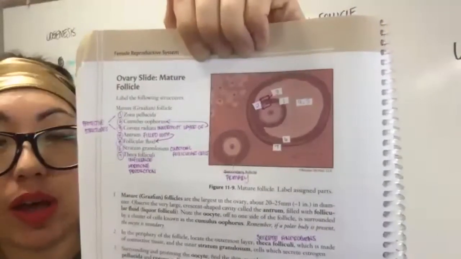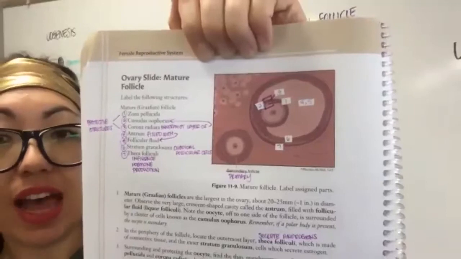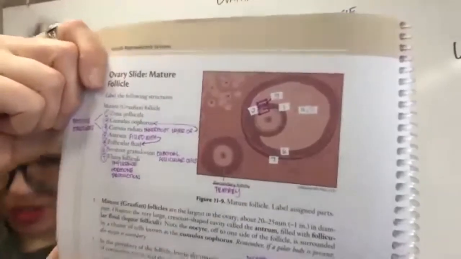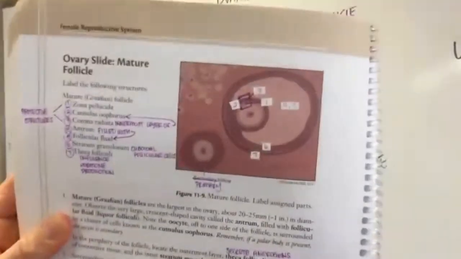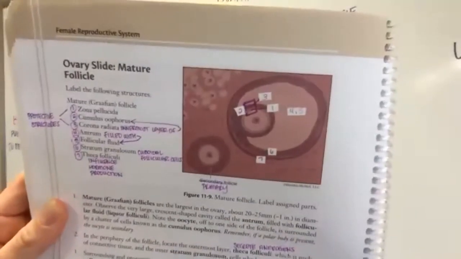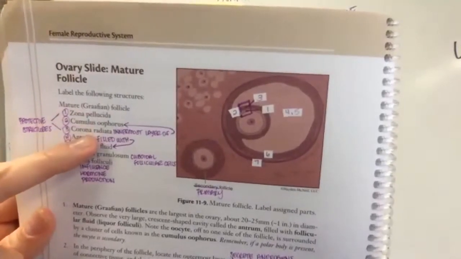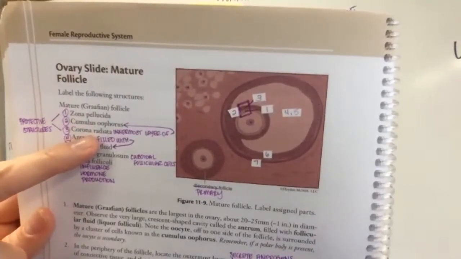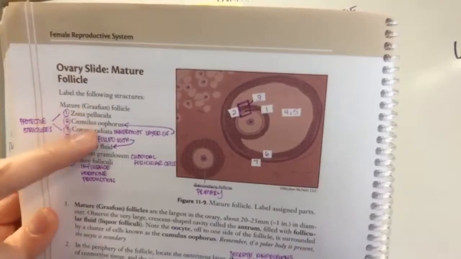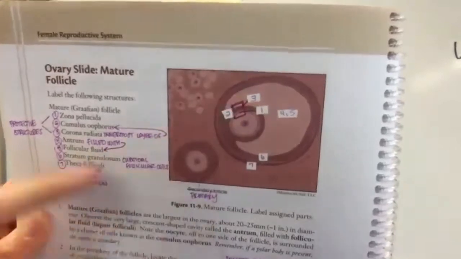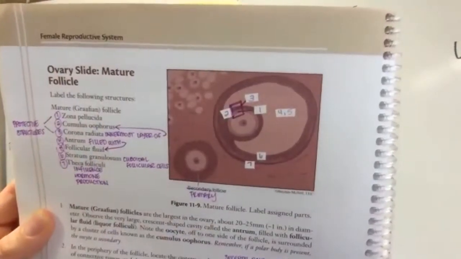They are going to help protect that oocyte, okay? So let me just get to the side here and hold it up. So the zona pellucida and the corona radiata, excuse me. Okay, so I have them as numbers 1 and 3. You can see them surrounding the oocyte right there.